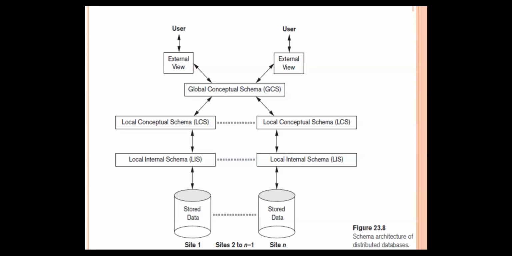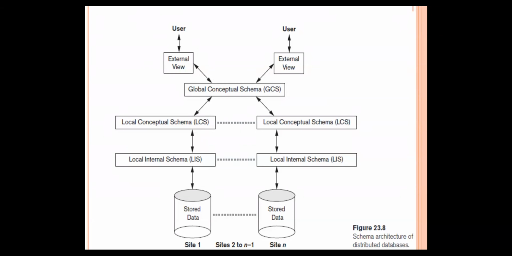From this diagram, you can easily understand the schema architecture of distributed databases. How the schema is chosen and how it executes in a distributed database: say we have two users, user 1 and user 2. User 1 is accessing the database through the external view. In this case, we can take it as the ATM system.